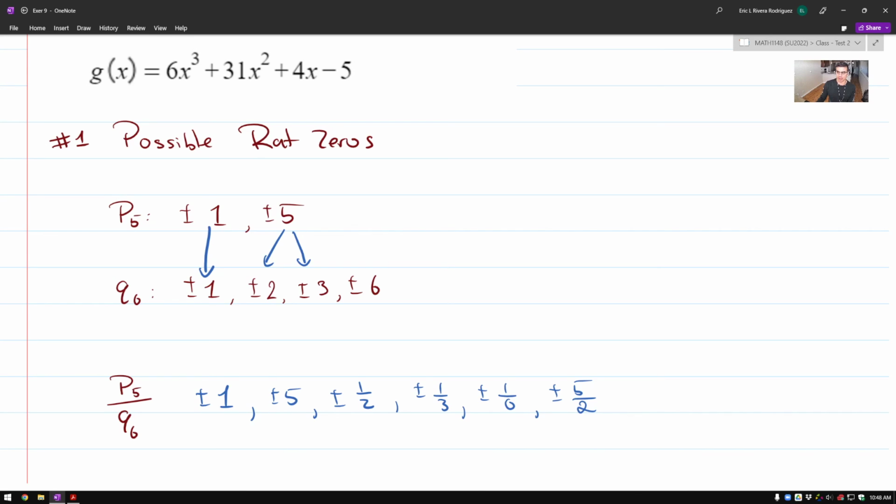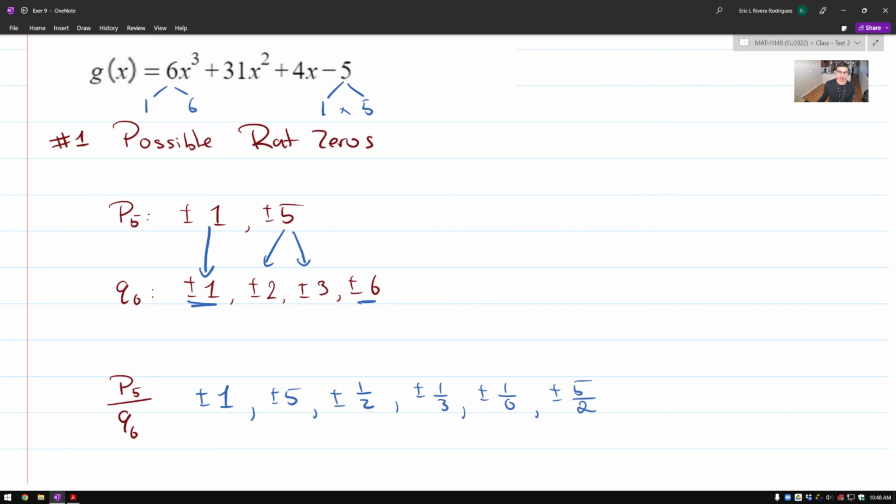Factor of 5. Let's start with factor of 5. 1 times 5 is 5, so 1 is a factor. 1 times 6, those are factors of 6.